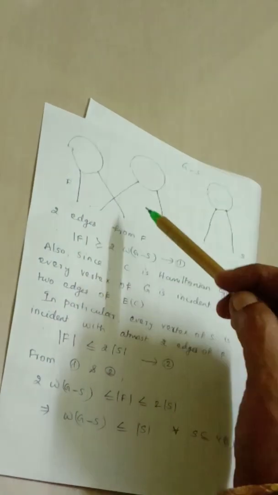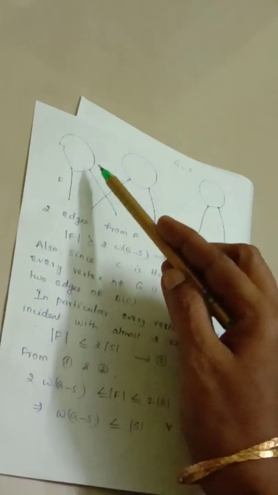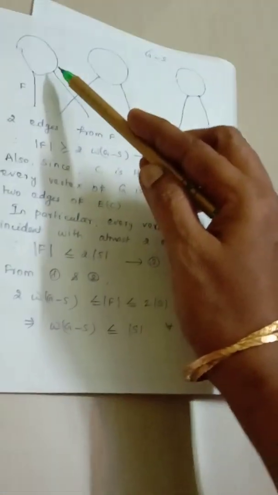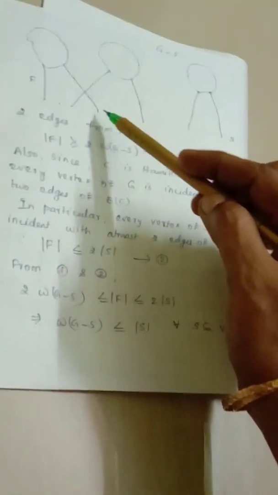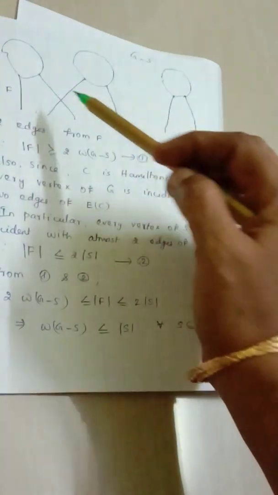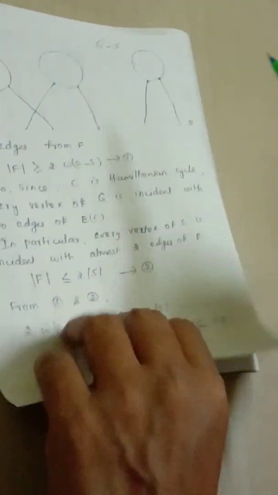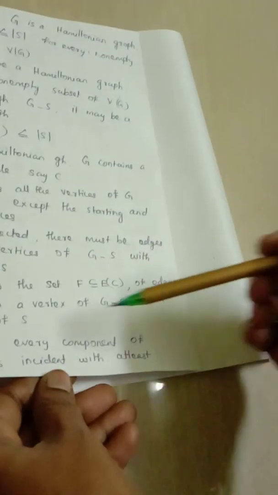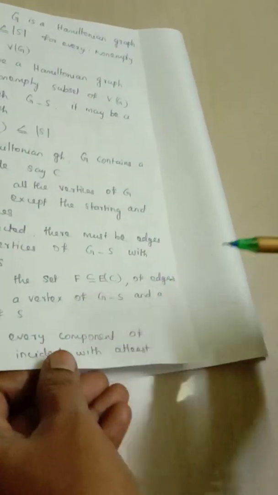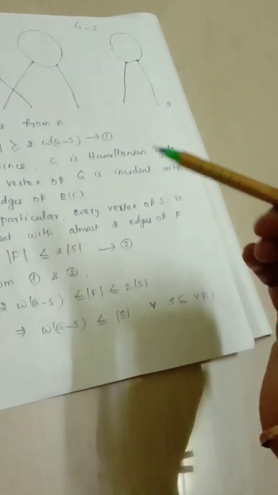So to reach the set S, there must be some more vertex in G − S which is joined to a vertex of S through an edge of F. So we can conclude every component of G − S is incident with at least two edges of F.